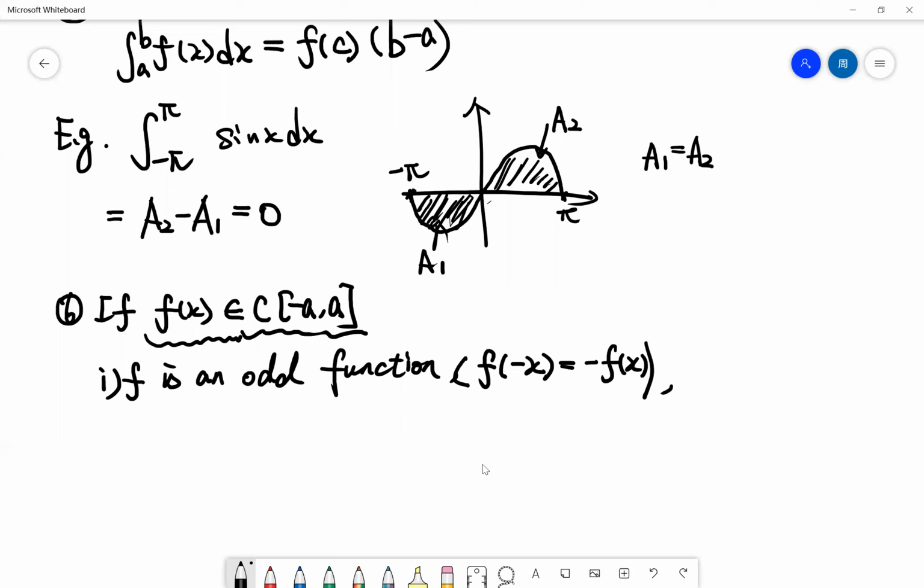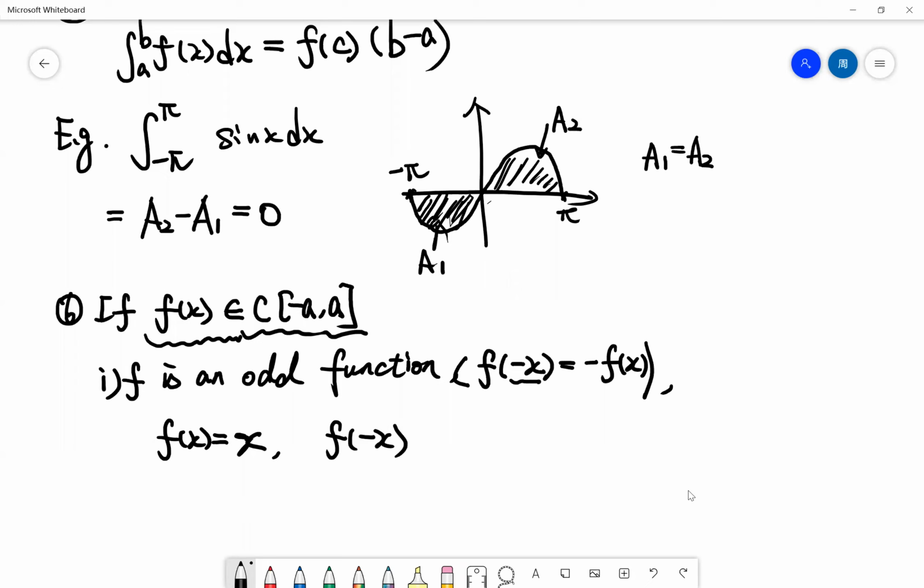For example, I will give you an example. The function y equals x, maybe I will write f of x, that is more clear for you. So here, for example, the function f of x equals x. And if you want to check whether this function is an odd function, you can substitute minus x.